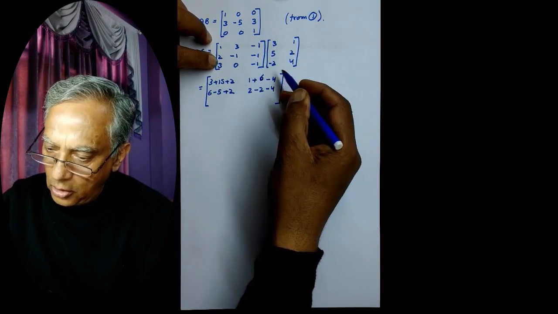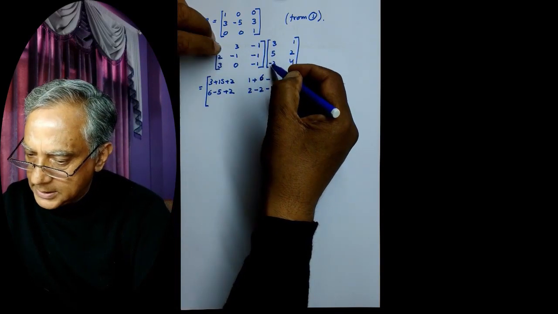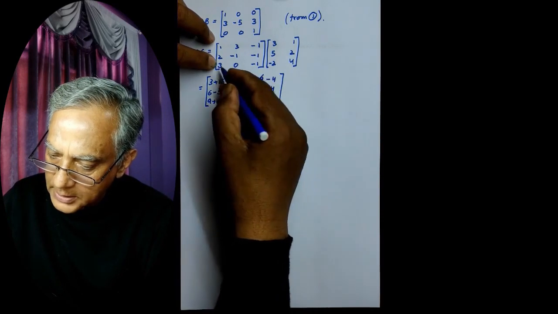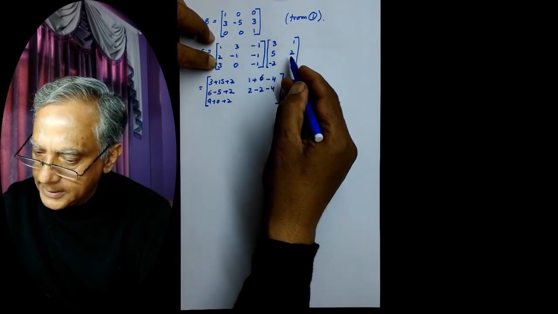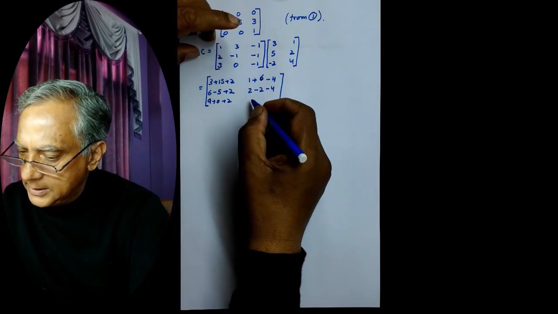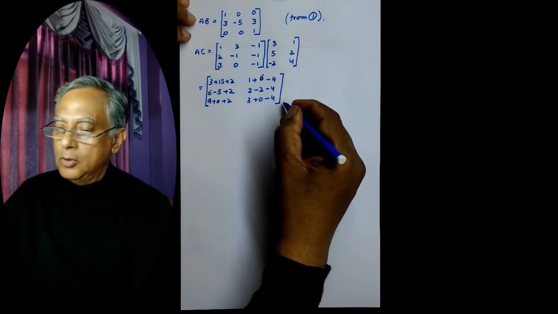Now this with all the columns. This with the first column. 9 plus 0 plus 2. This with this. 3 plus 0 minus 4.